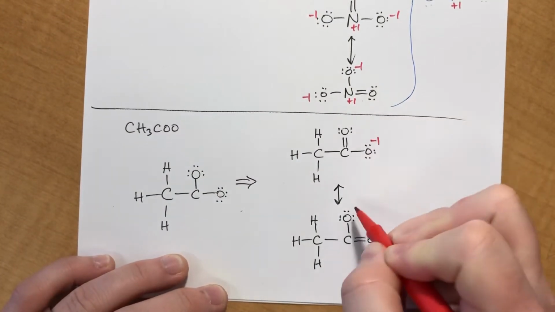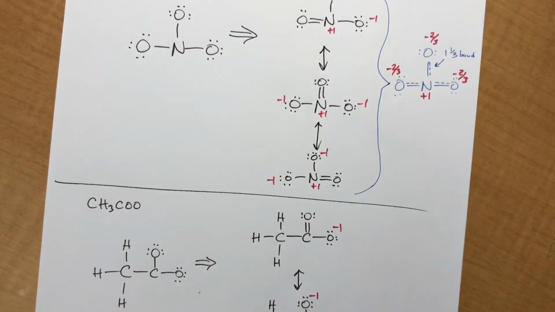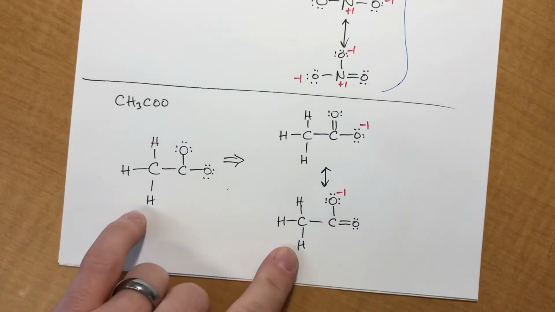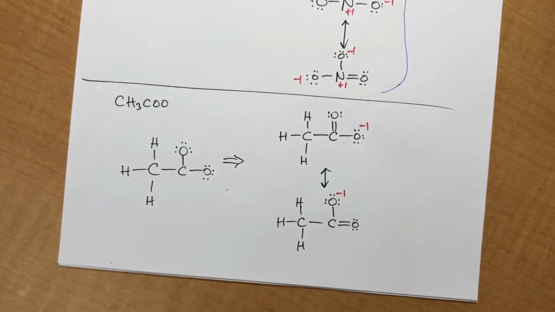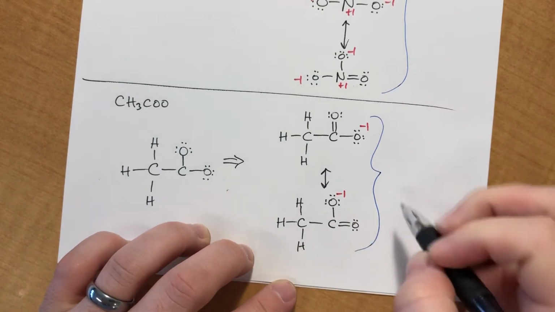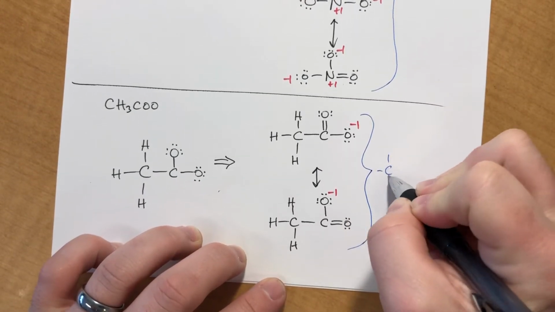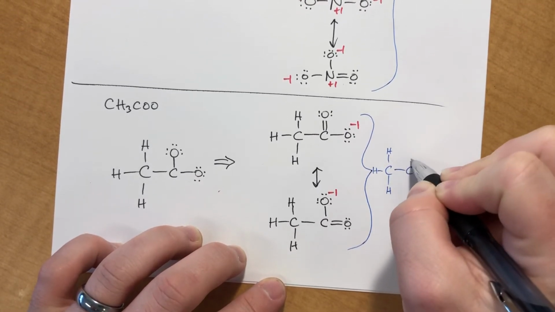The only charge on here is that the single bonded oxygen has a -1 charge. So if I asked for the resonance structures of acetate, this is what it would be. What I need you to be able to visualize, I do not need you to draw it, I just need you to be able to think through it, is that this is really what the molecule looks like.